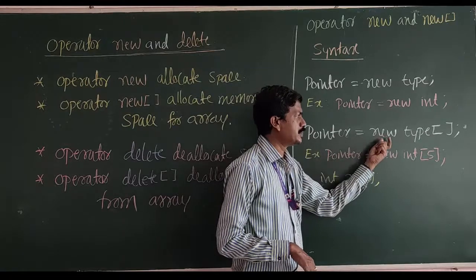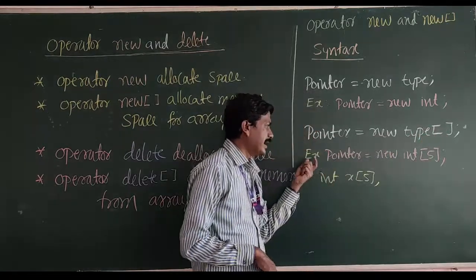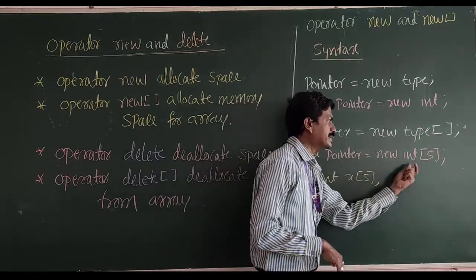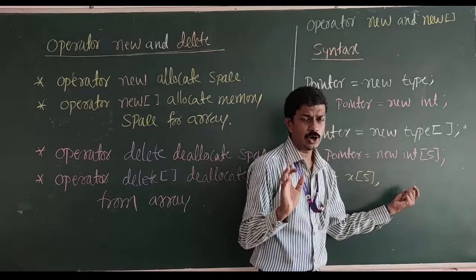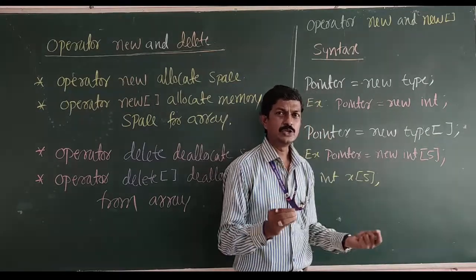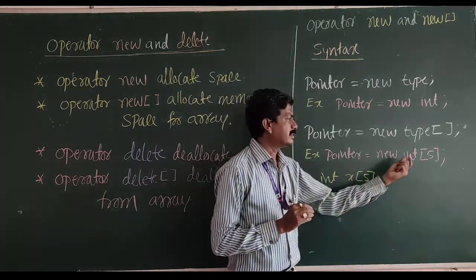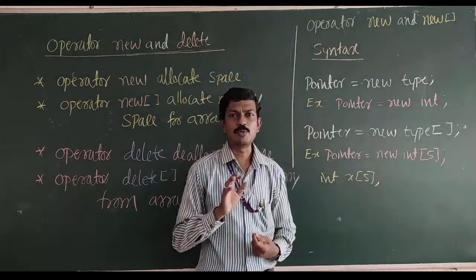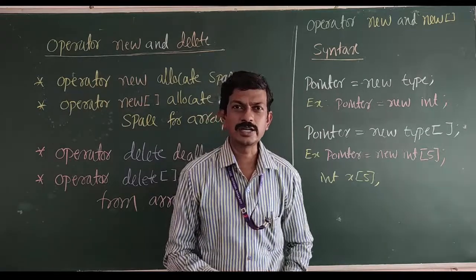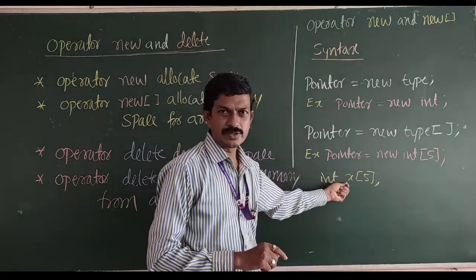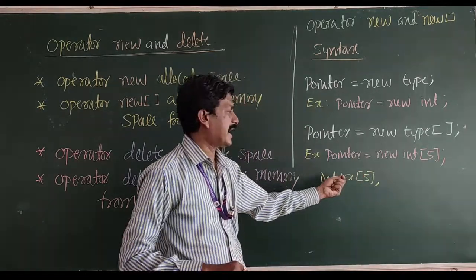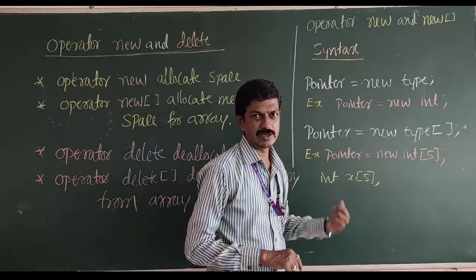Pointer equal to new type square bracket. Example, pointer equal to new int 5, or you mention how much memory you want to allocate extra for this array variable. That much memory is allocated for that pointer variable, that array variable.